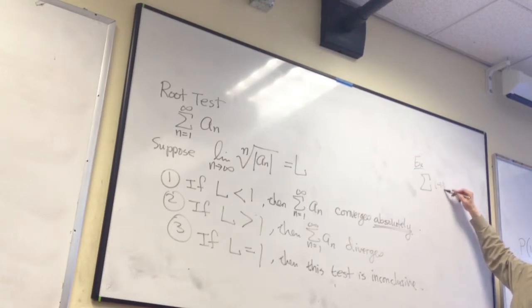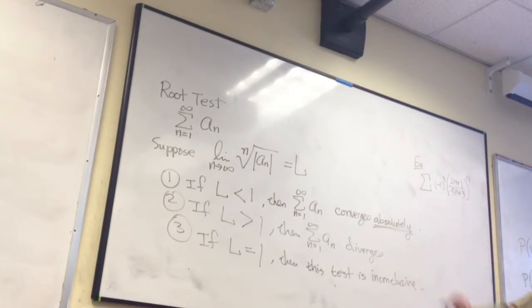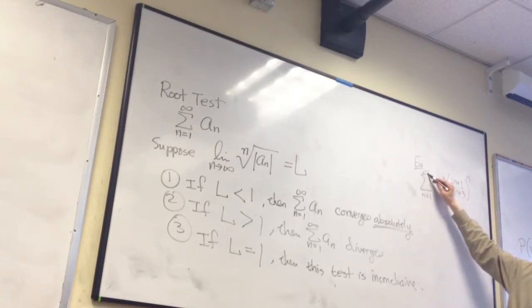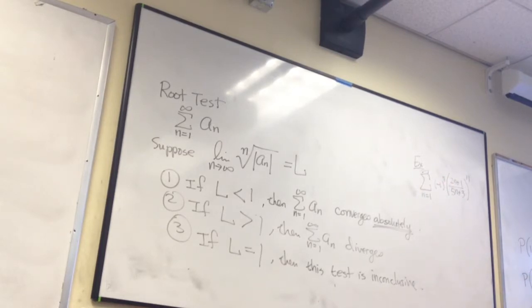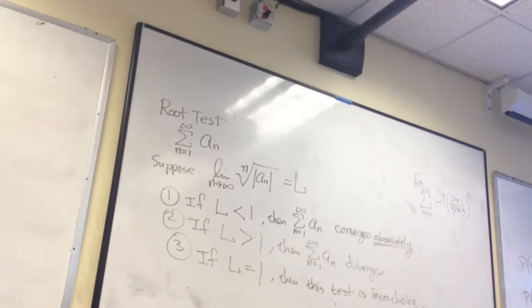So here's one example. What do you think? Well, a_n, absolute value again. Absolute value, not a ratio, because I'm not using the ratio test. So I take the absolute value of a_n and take the nth root.